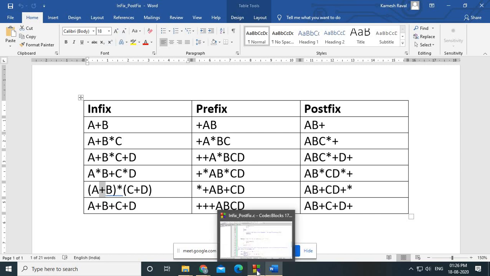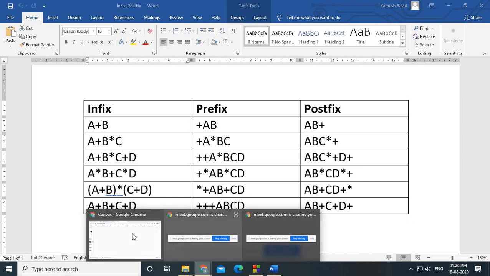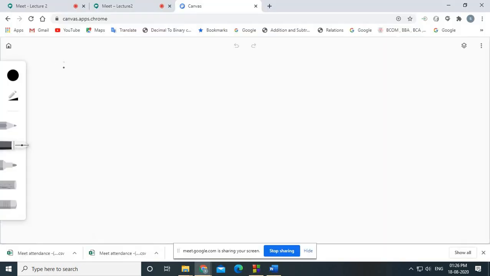Fine, so we'll write something like this. For example, A plus B in brackets, into, again in brackets, C plus D, right?